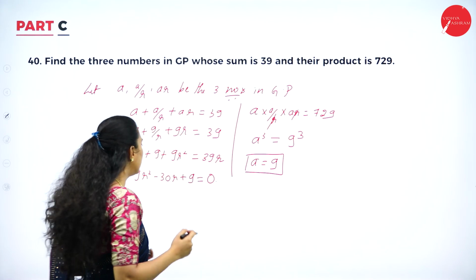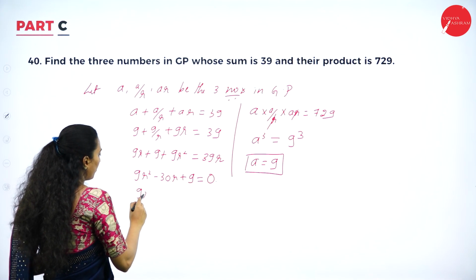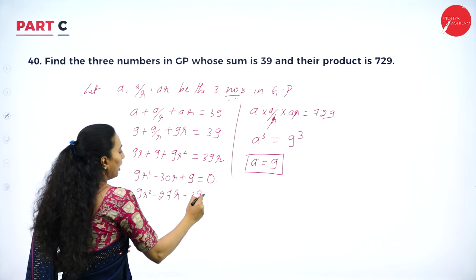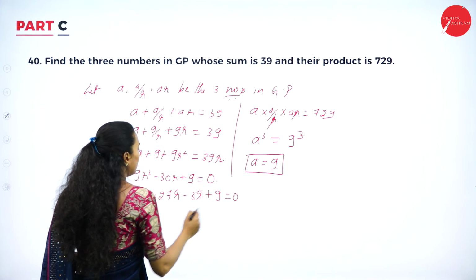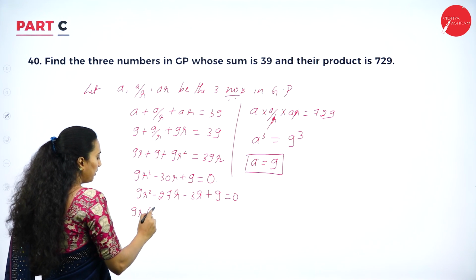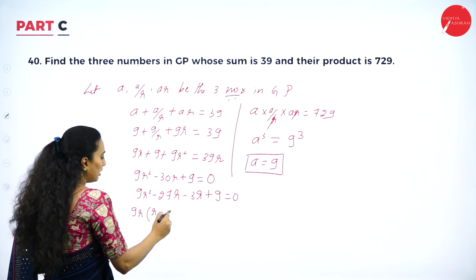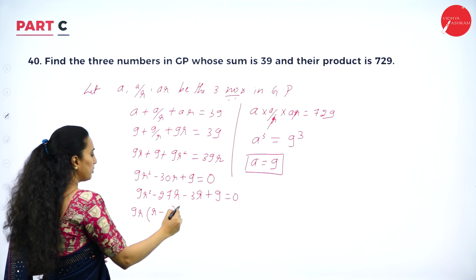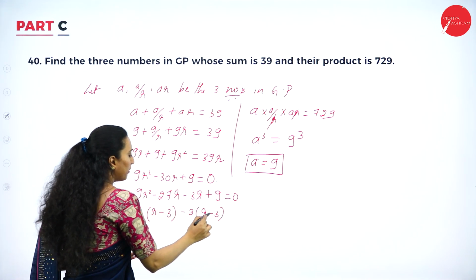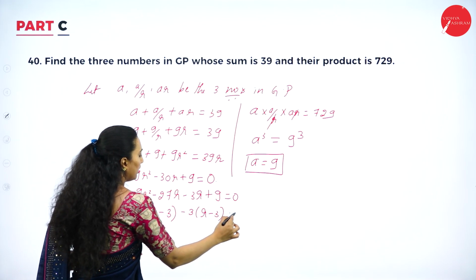So therefore, with the negative sign, we can write it as 9r squared minus 27r minus 3r plus 9 equal to 0. Take 9r common factor, remaining is r minus 3, correct, because 9 3s are 27. Minus 3 into r minus 3, minus into minus is plus, 3 3s are 9, equal to 0.